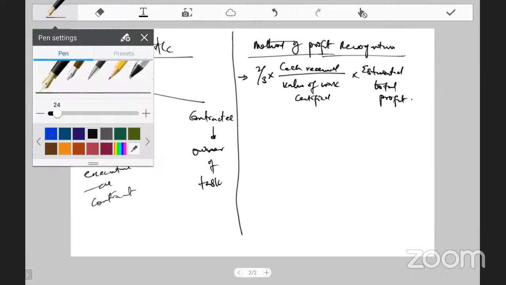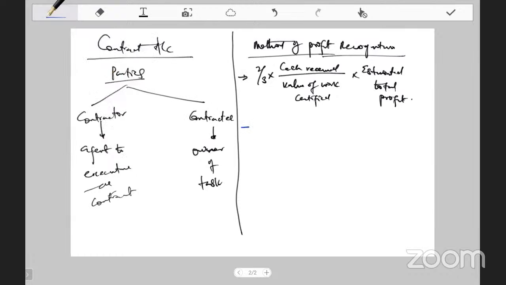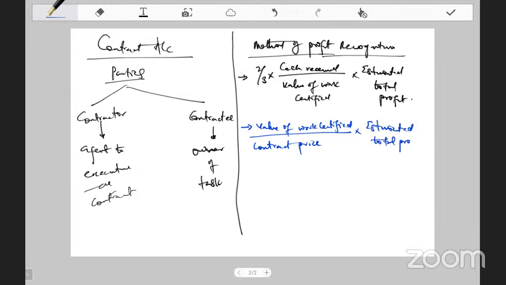There's another method which you can use to calculate our profit. That is value of work certified all over contract price times estimated total profit. That is the second method.